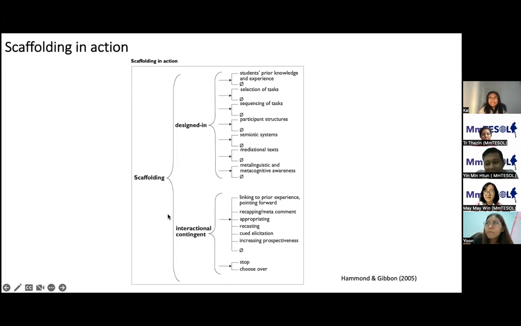As I said, we can use many different things to give scaffolding. Like asking the students and then giving wait time, that is also scaffolding.